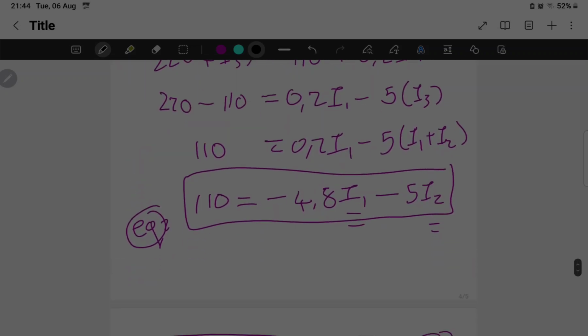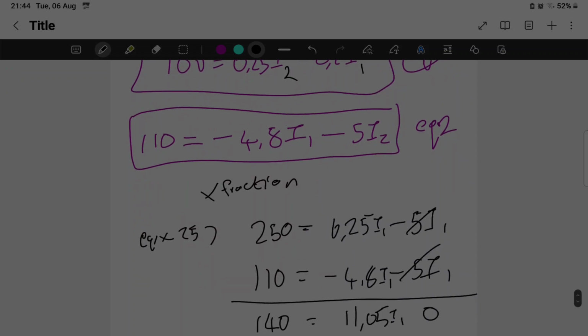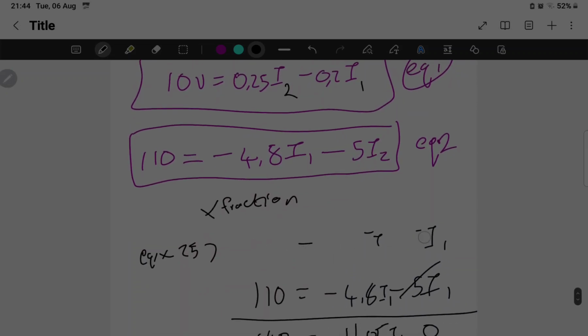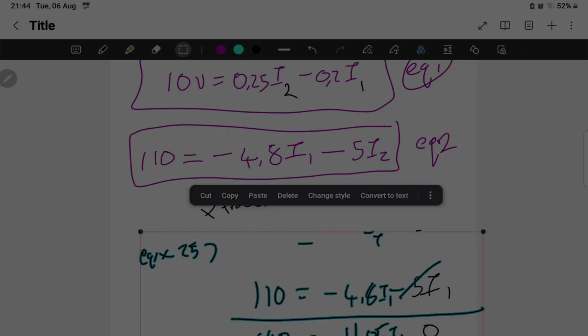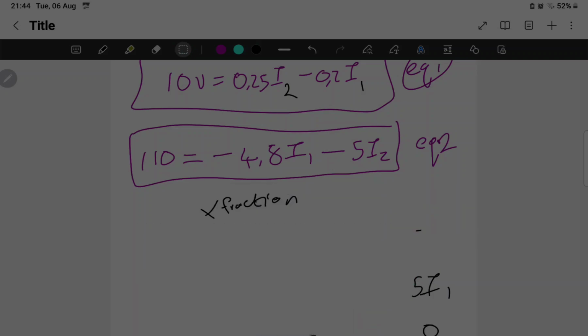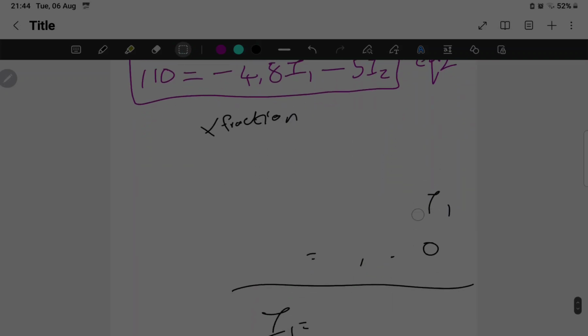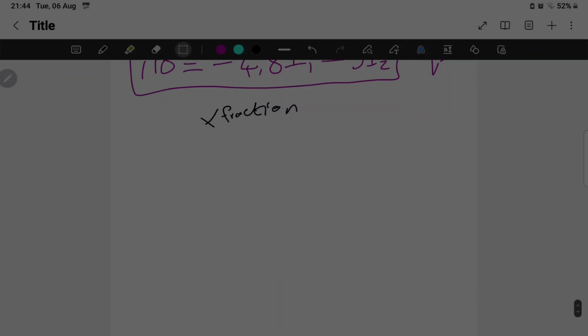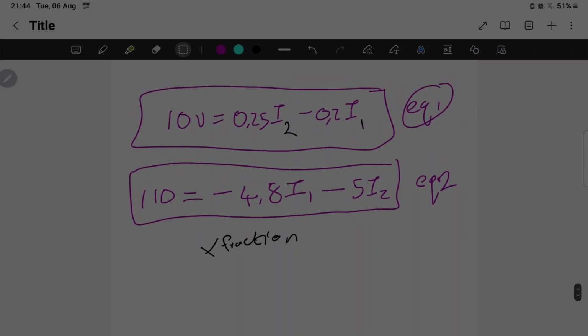Okay, and then solving this equation shouldn't be that difficult. Let me erase this. Okay.